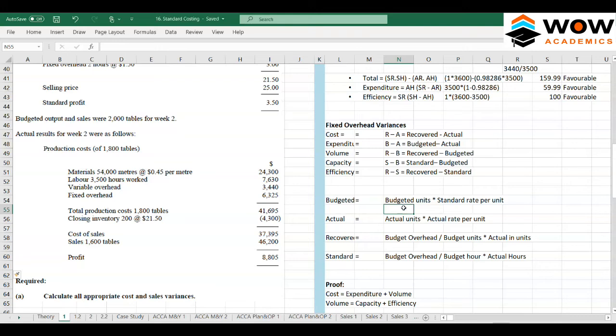So we need these numbers first, then only we can find out the variances. Unless we find out these, we can't work out the problem. Proof we'll show you later. That won't be much of a problem.